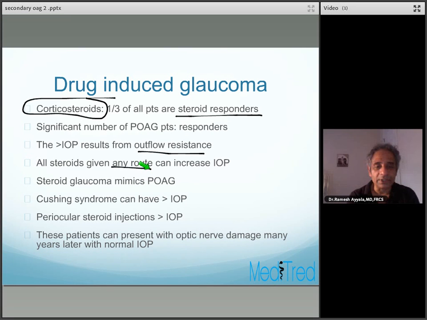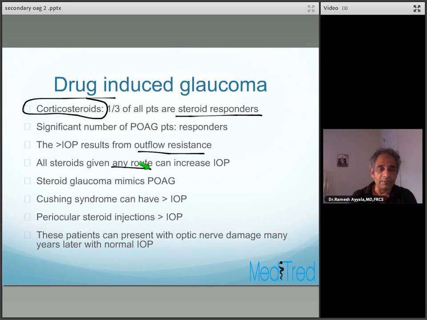These patients can present with optic nerve damage many years later with normal intraocular pressure. For example, if you have a patient with Cushing syndrome that has undergone surgical excision of the tumor and the Cushing syndrome is resolved, while the patient had Cushing syndrome, the patient may have had elevated intraocular pressure and could potentially have sustained damage to the optic nerve.